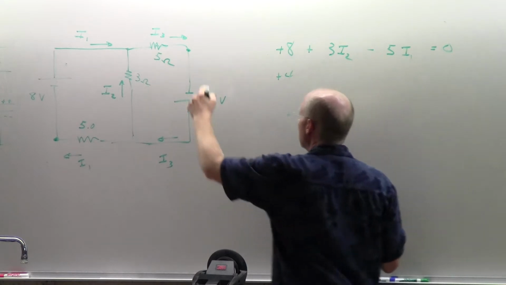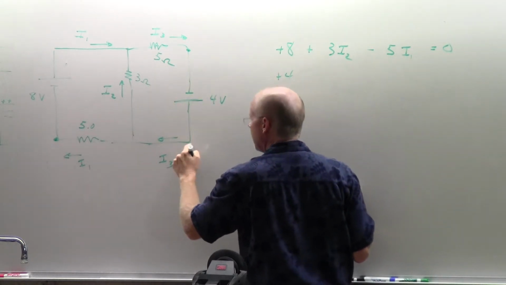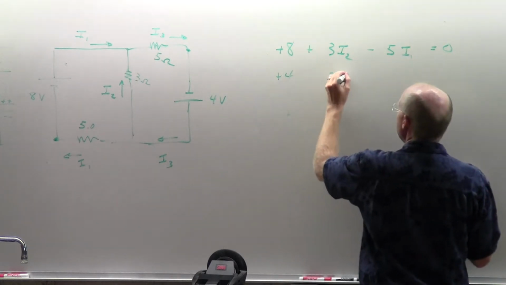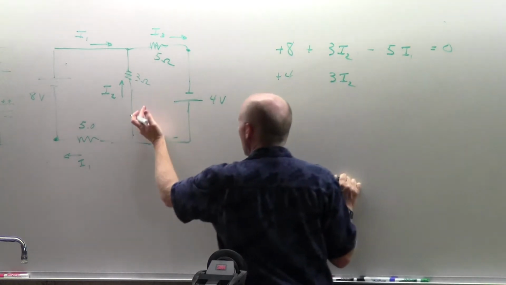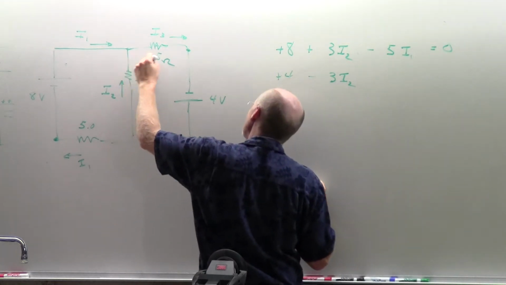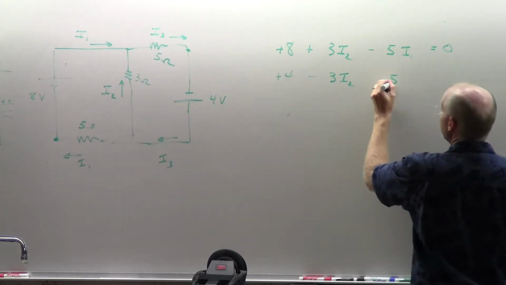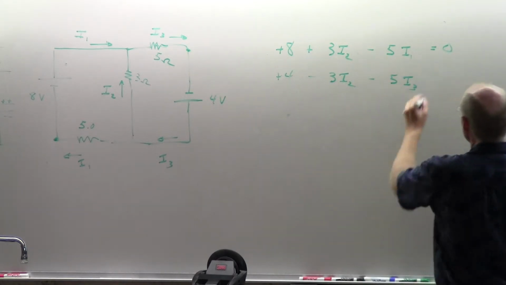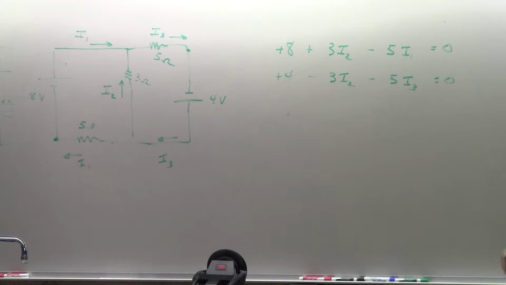So this becomes a +4. This becomes a 3I2, and I'm going with the current, so it's a minus. This then becomes 5I3 with the current, equals 0. And so there are 2 of my 3 equations.